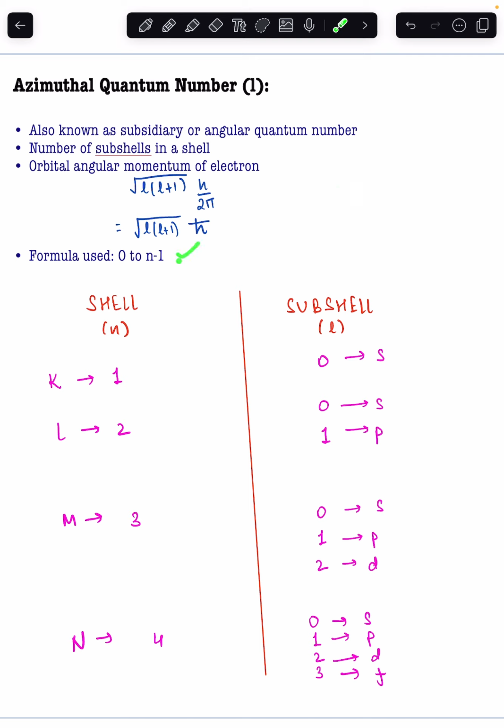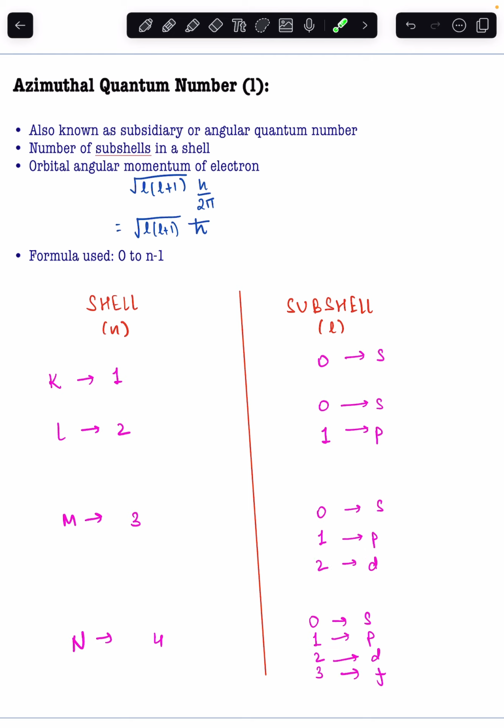And the formula used for the azimuthal quantum number, how do we write it? We have a formula for that, that if we have a shell, then the subshell would be this. Basically it starts with 0. 0 is called S, 1 is called P, S P D F, right? 2 is called D, and 3 is called F. It's just the way it is named.